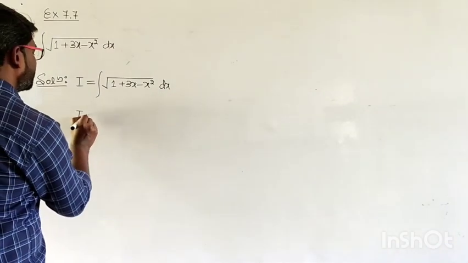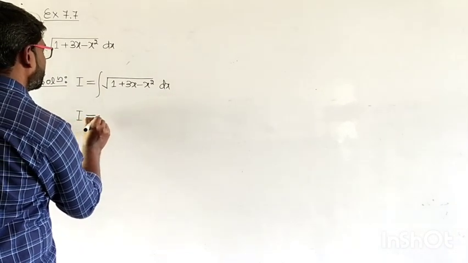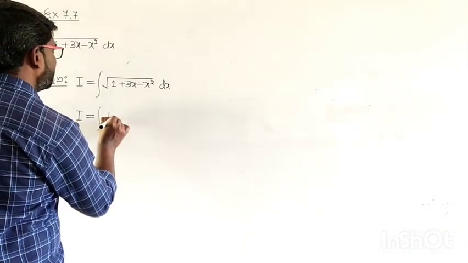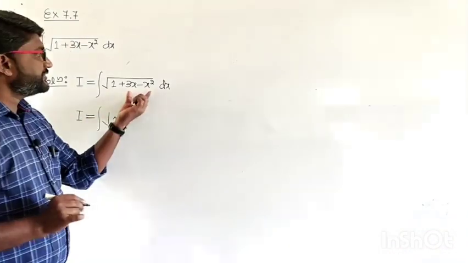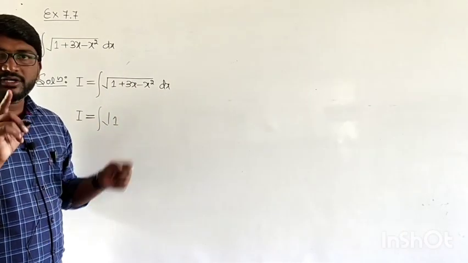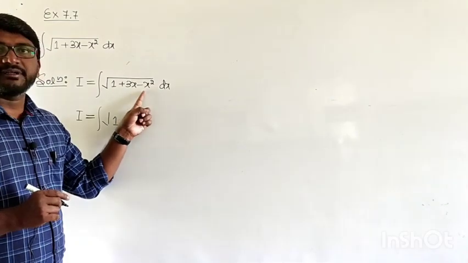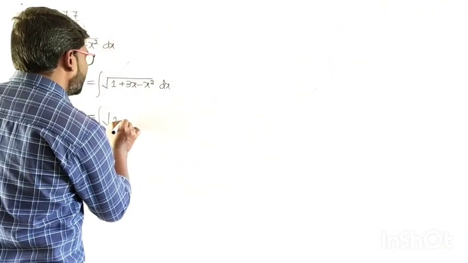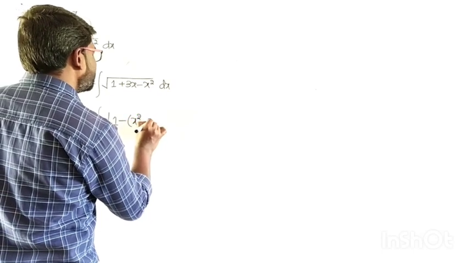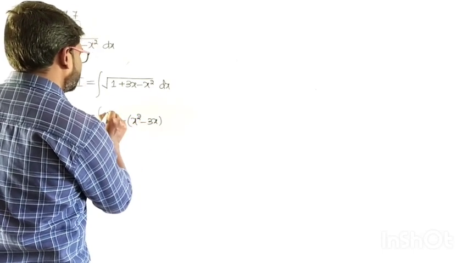I is equal to the integral of the square root of 1, I write it as it is. In these two terms I take minus common, because the coefficient of x square should always be 1, but here it is minus 1. That is why I am going to take minus outside. Then what do we get now? X square minus 3x.